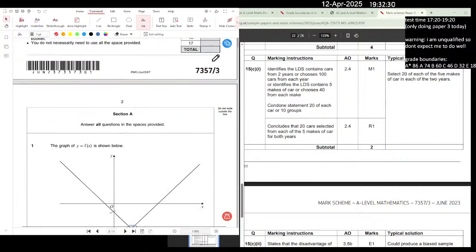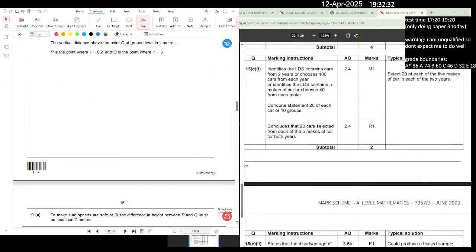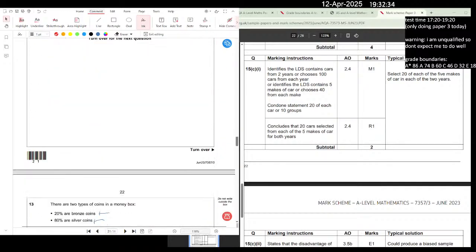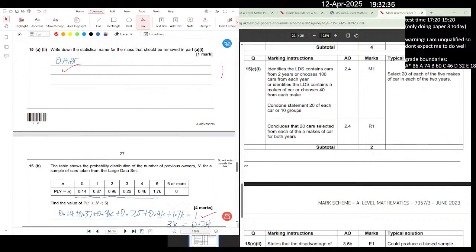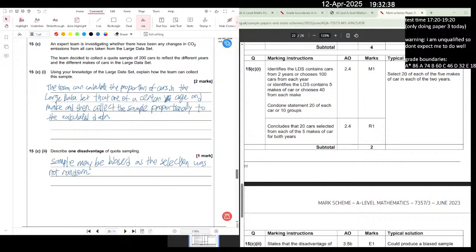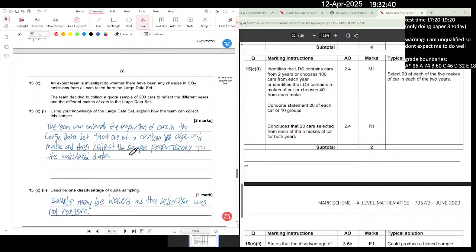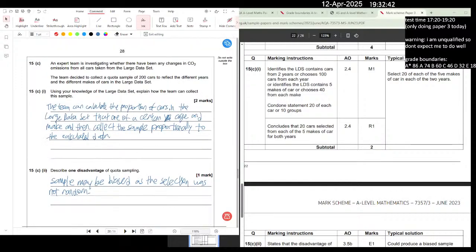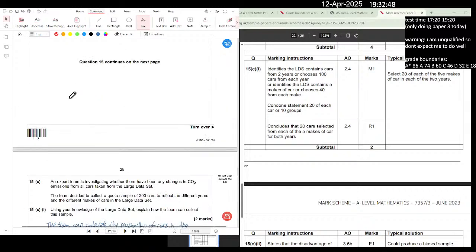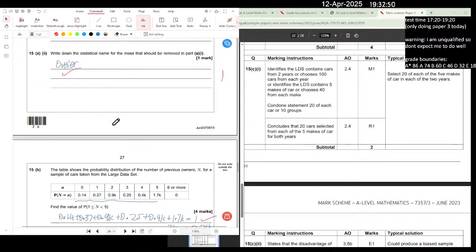Where do you get this from? I don't know how. Okay, I have no idea how they got 2 years or 5 makes of car. What large data set?